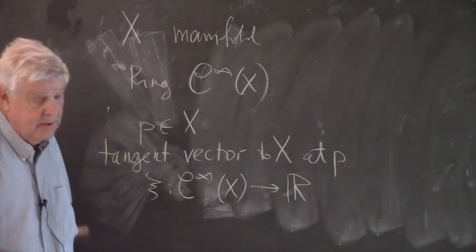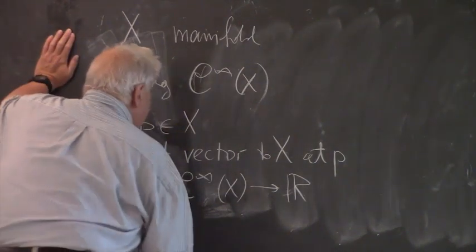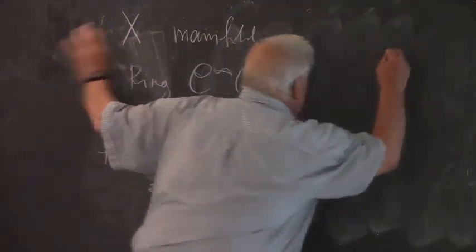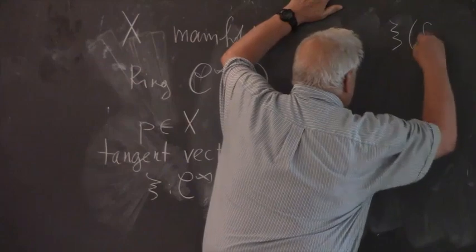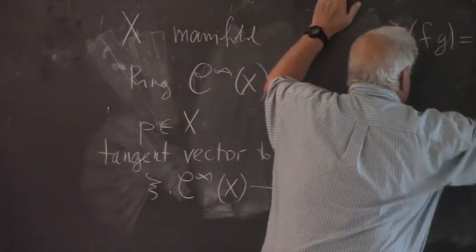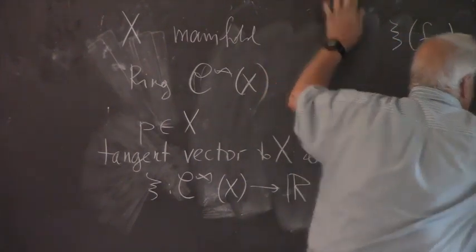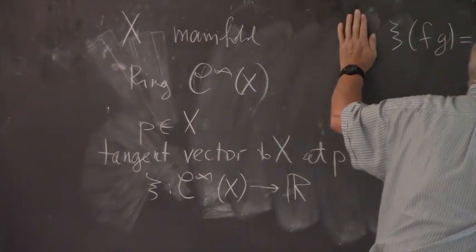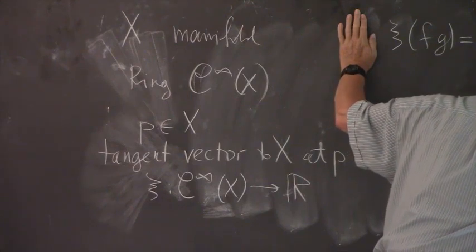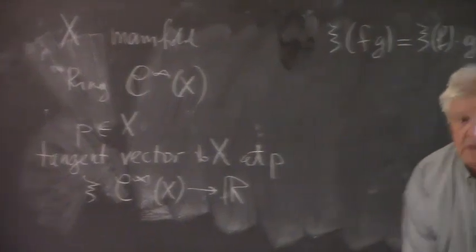It is a linear map, linear in the usual sense, such that the following product rule holds: xi of f times g is equal to xi of f times g of p plus f of p times xi of g. The usual product rule.